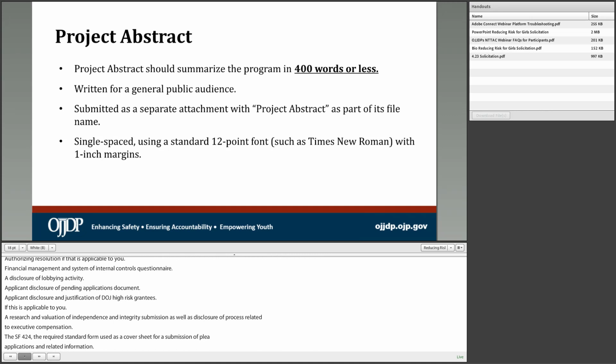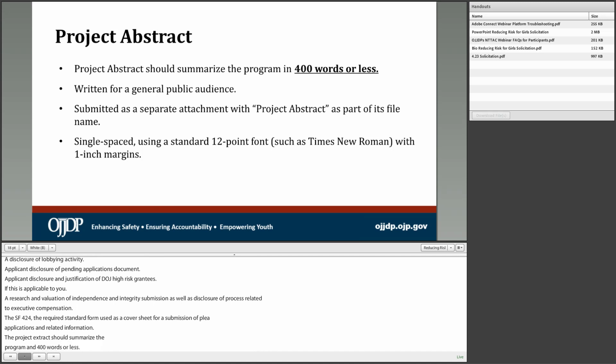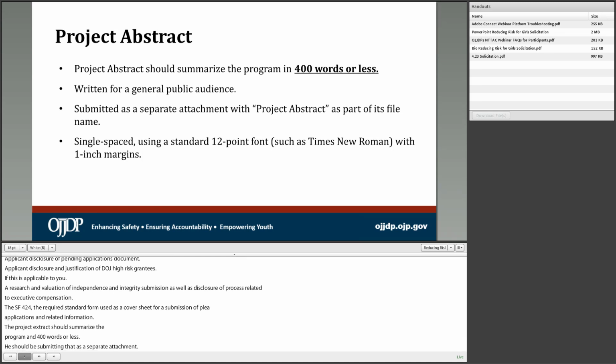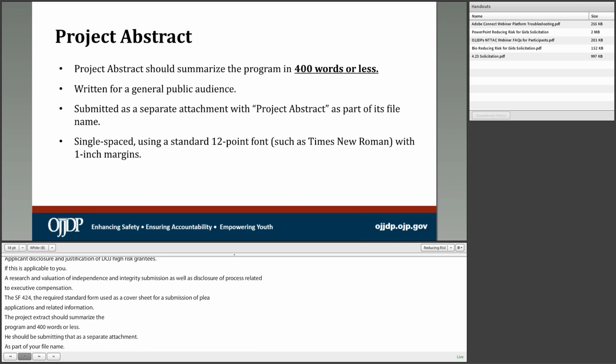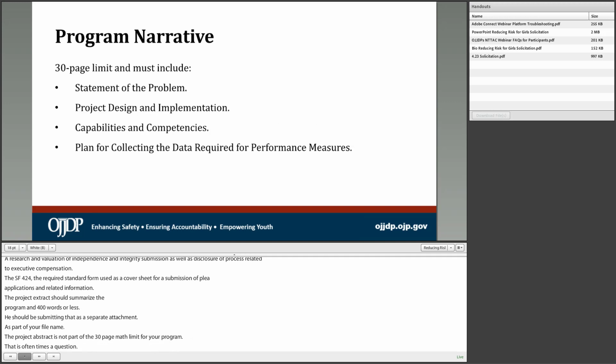It needs to be written for a general public audience, and you should be submitting that as a separate attachment as part of your file name. The project abstract is not part of the 30-page max limit for your program narrative. That is oftentimes a question. Your project abstract should be single-spaced using a standard 12-point font with 1-inch margins.